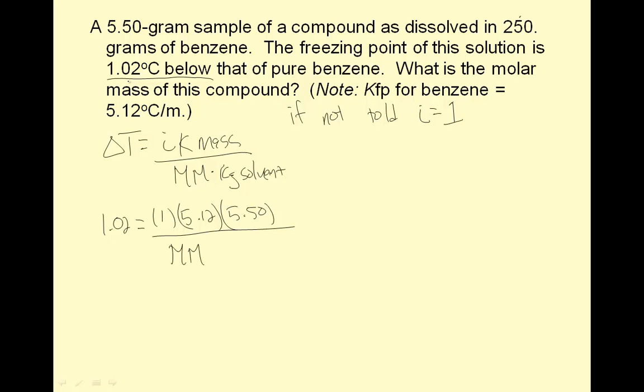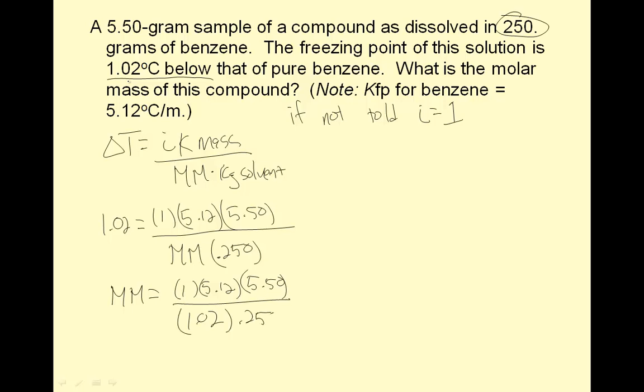And then kilograms of solvent would be 0.250. I'm looking to solve for molar mass, so I'm going to cross multiply and get molar mass by itself. Molar mass equals 1 times 5.12 times 5.5 divided by 1.02 divided by 0.250.